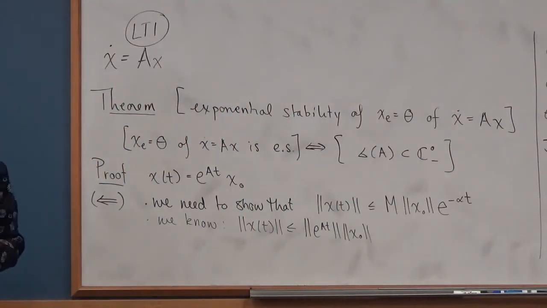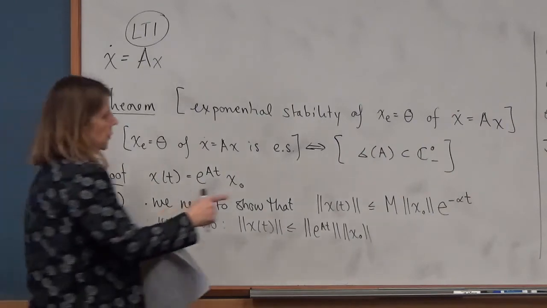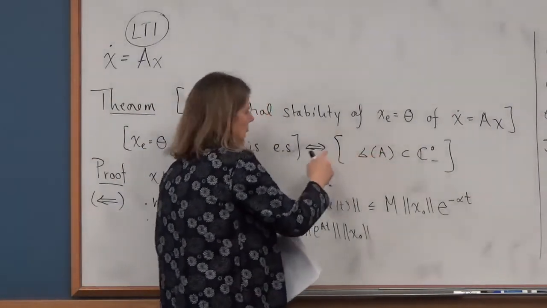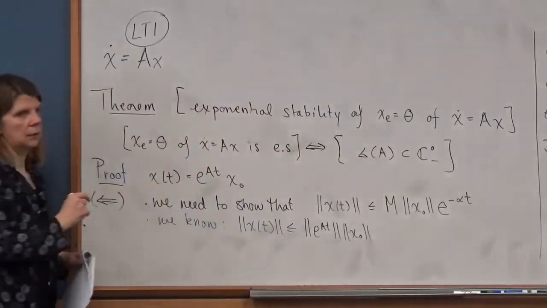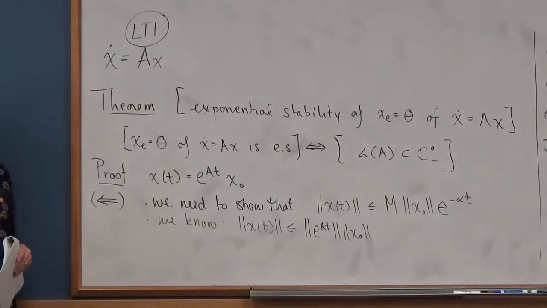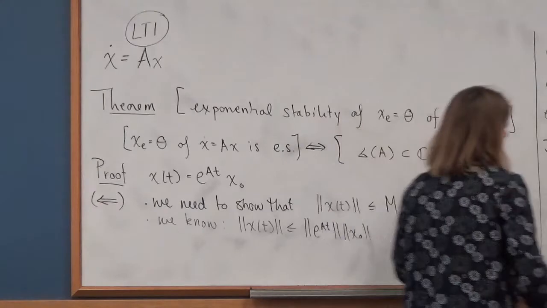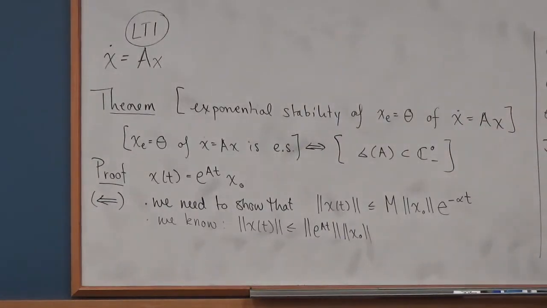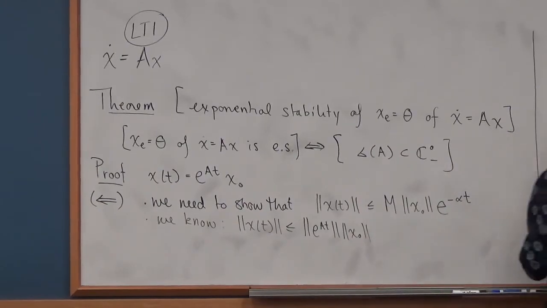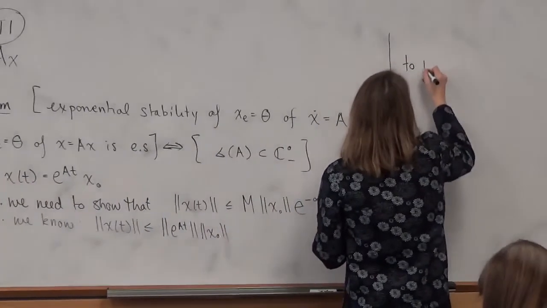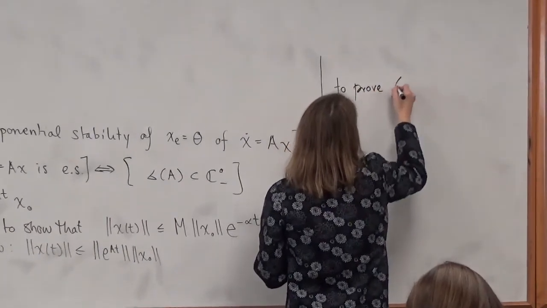Again, we can prove that direction by contradiction, or contrapositive. So if at least one of the eigenvalues of A, so if this does not hold, then that proves that this is not exponentially stable. And that direction is fairly easy to do, more straightforward than the direction that we just proved.